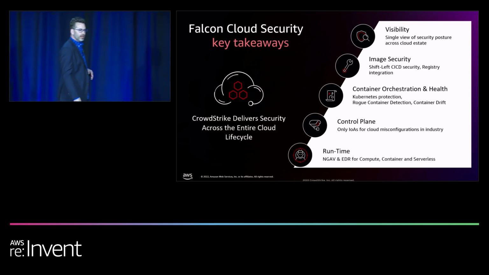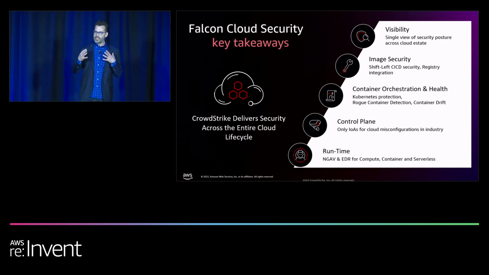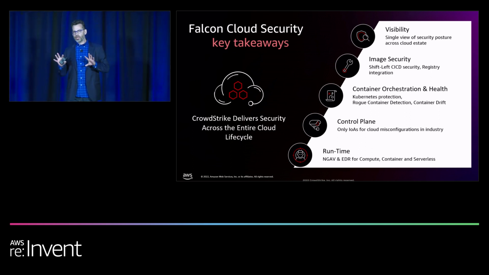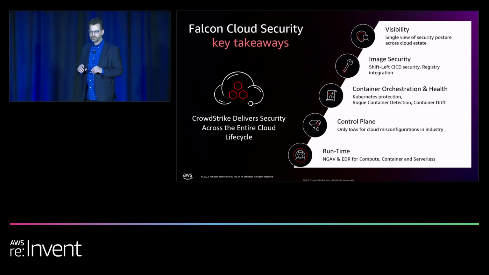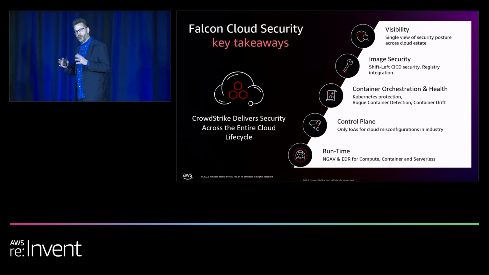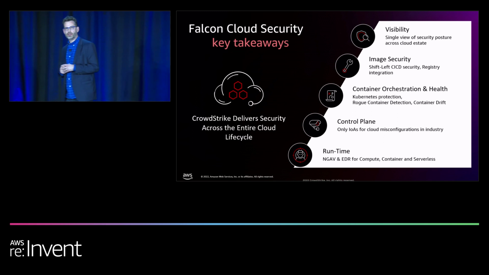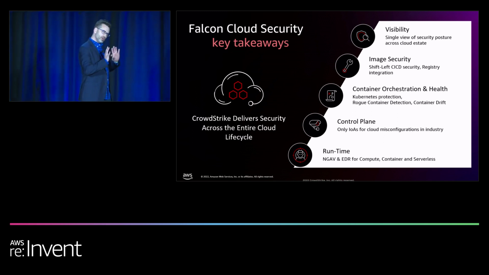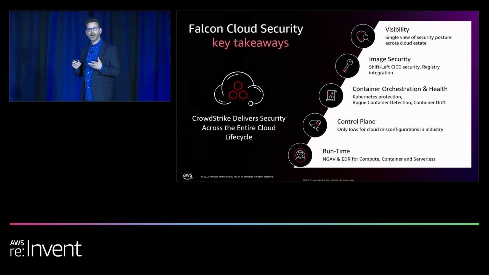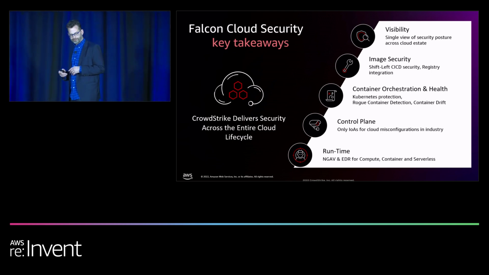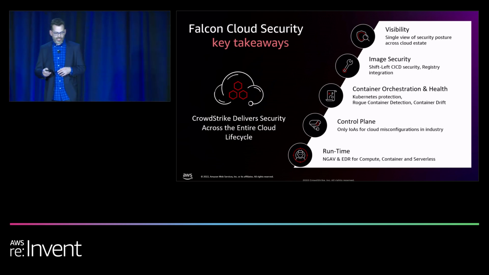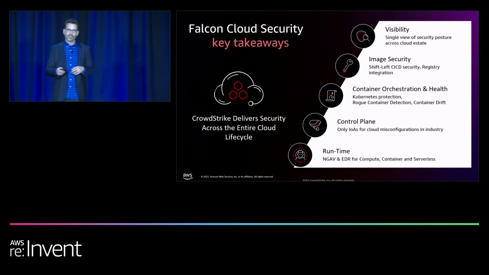And we provide runtime security, that deep level of visibility into your running workloads. Part of that is our next generation AV, which goes beyond signature-based detection and uses behavioral analytics to detect fileless and zero-day attacks. CrowdStrike delivers security across the entire cloud lifecycle.